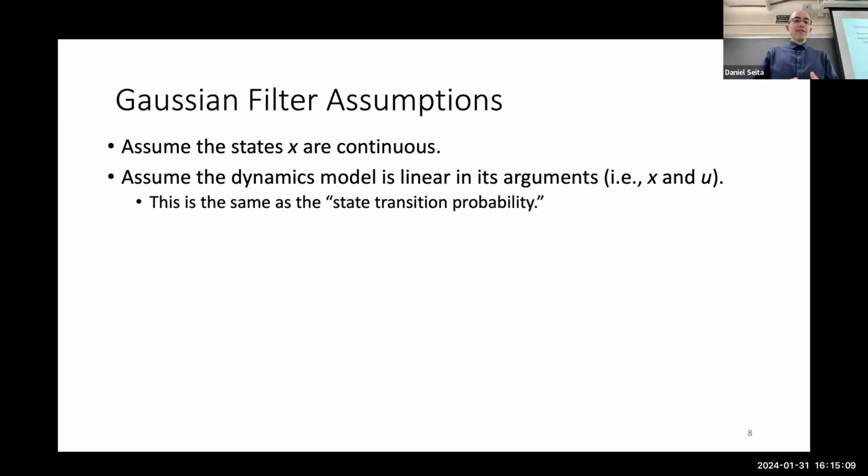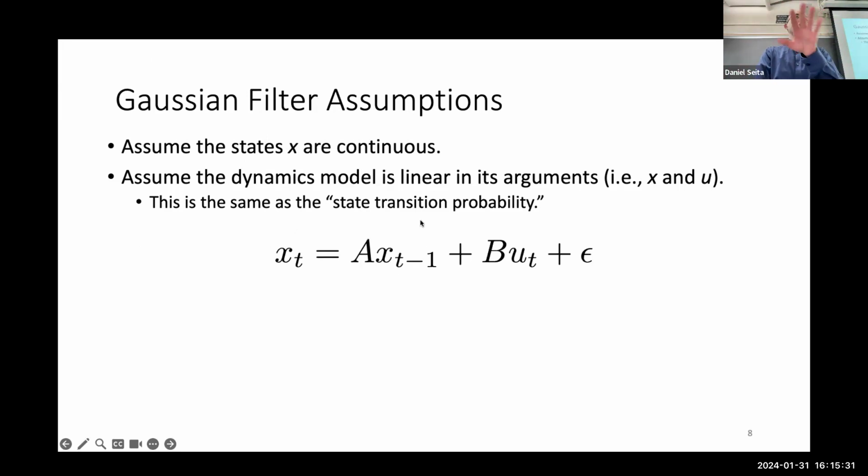And we also assume that the dynamics model is linear in its arguments. Remember that the dynamics model takes in x and u, the prior state and the action, to determine the distribution of the next state.